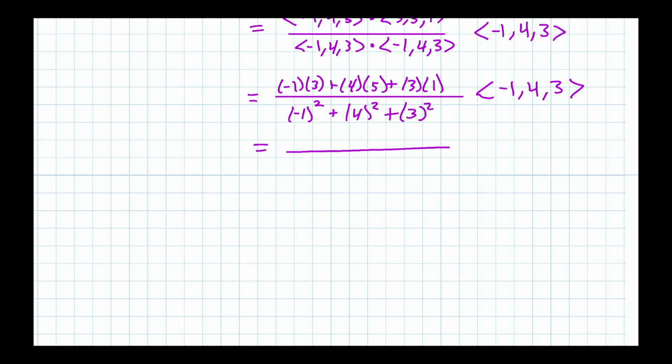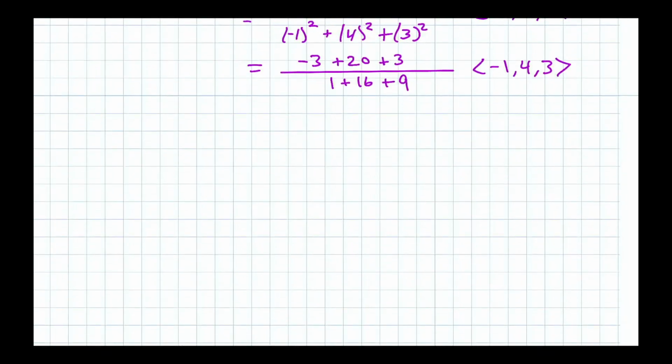Let's work out that numerator there. So we got -3 plus 20 plus 3 over, what do we got? 1 plus 16 plus 9, times -1, 4, 3.